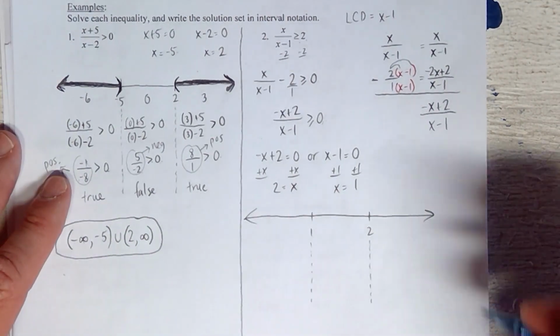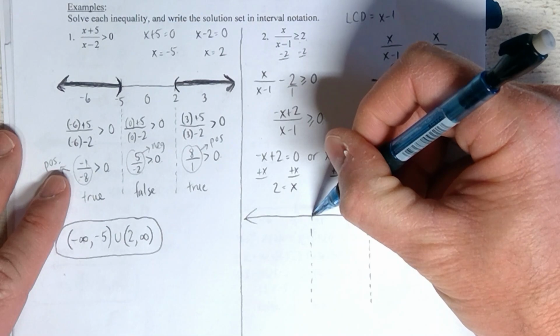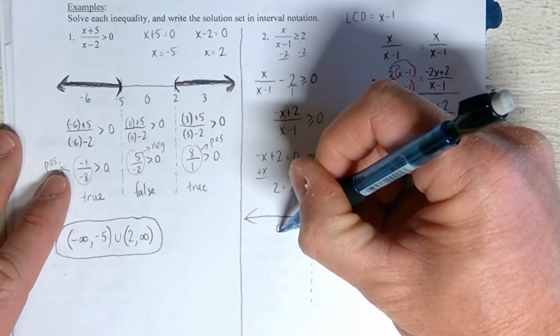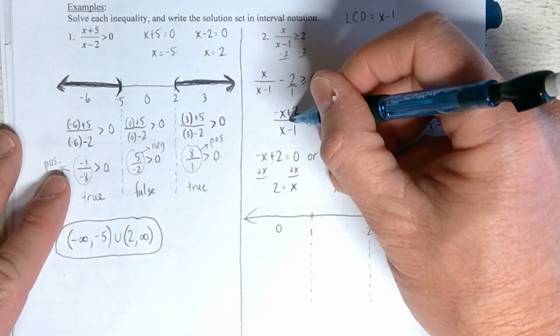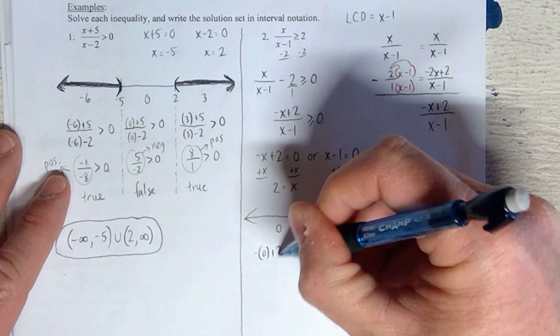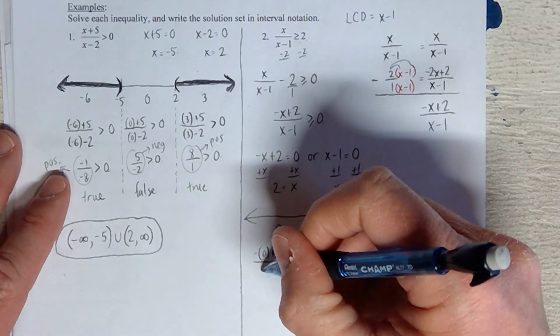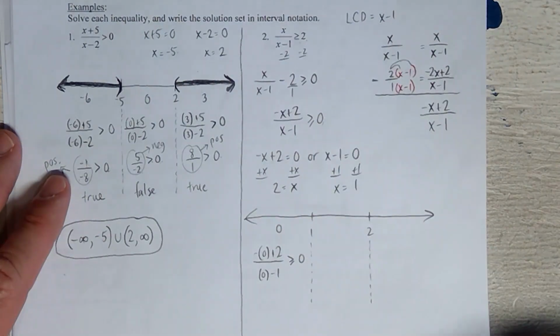So let's start plugging in some numbers. Negative infinity all the way up to 1. Pick a number in between. How about 0? So if I plug that in, and I'm going to plug it into this one, like I said, negative 0 plus 2, and then 0 minus 1 underneath that. Is that greater than or equal to 0?